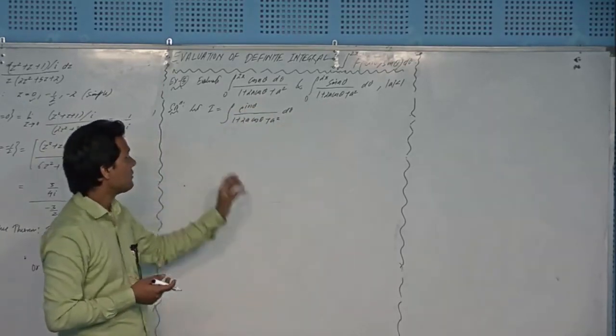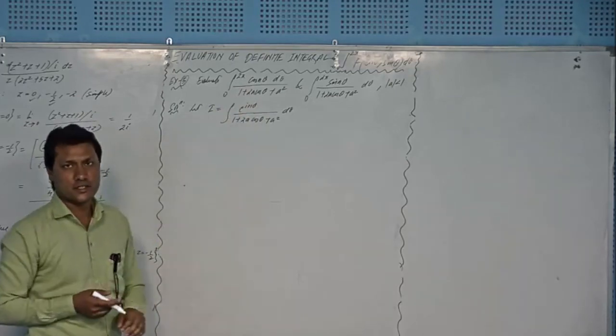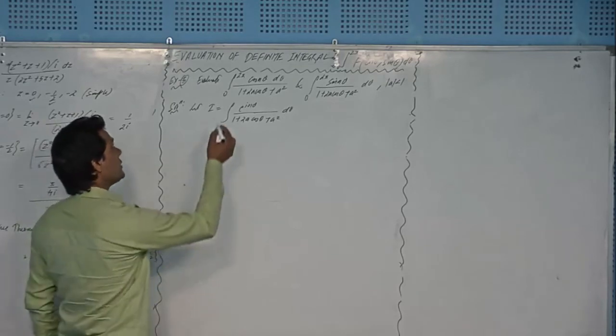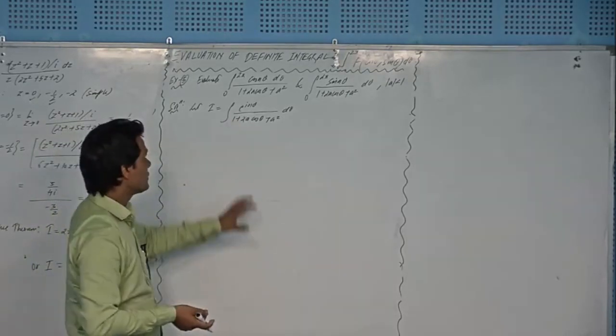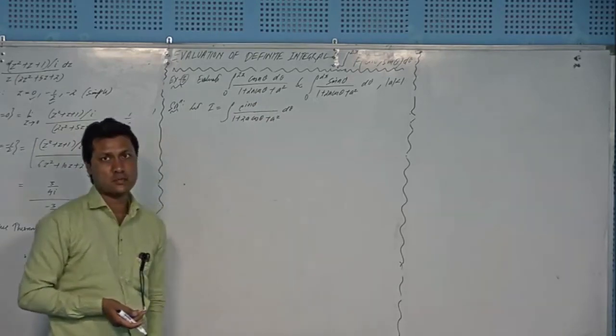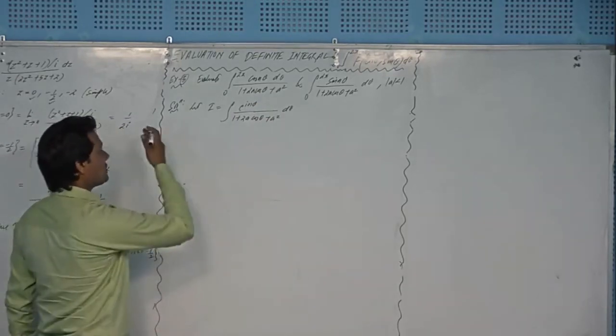You can do it by this approach also, rather than writing the real part of this. You should first replace the function by the exponential function, and at last compare the real and imaginary parts to get the answers.